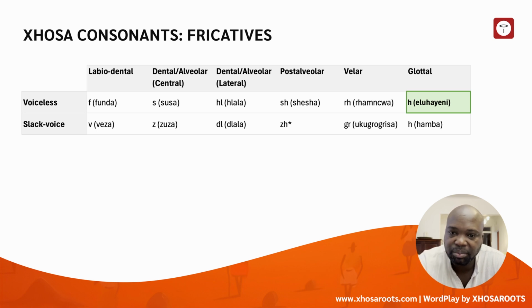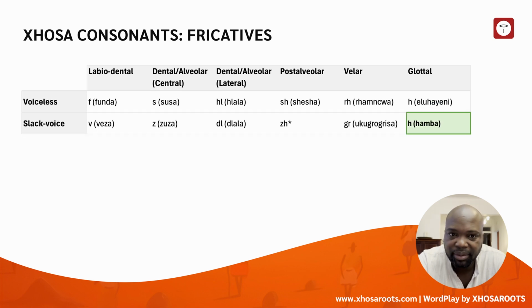When someone says it, it means it's something that you cannot take seriously. And hamba, which is the slack voice version, hamba, which is walk, leave, or go. Hamba, go. We are hamba, he's walking.